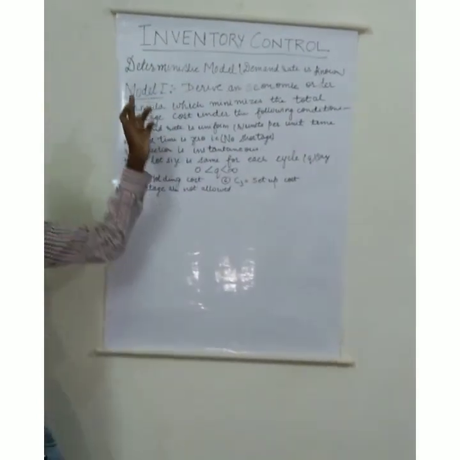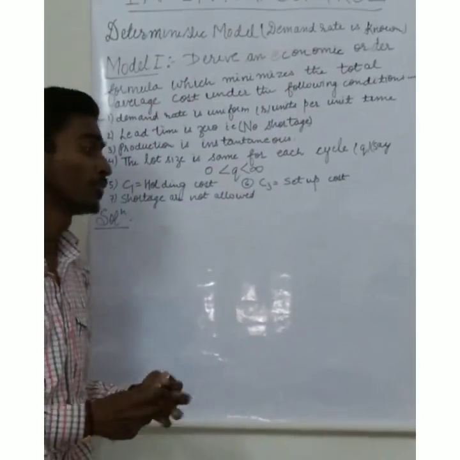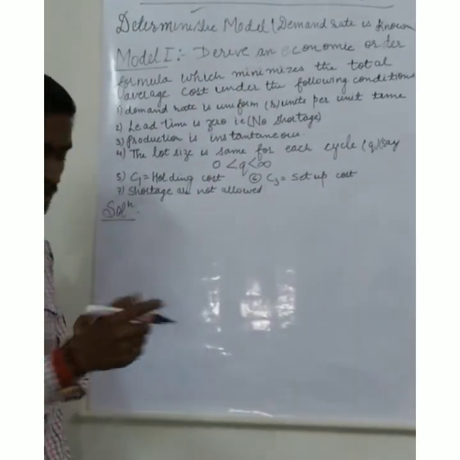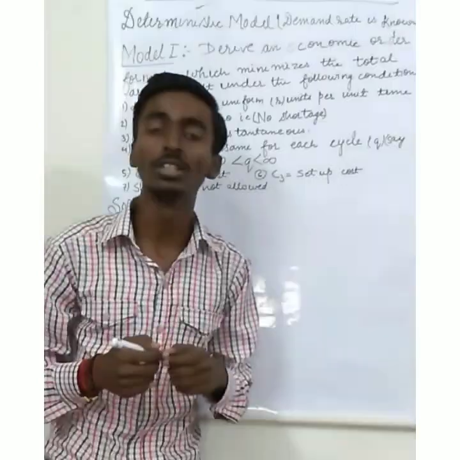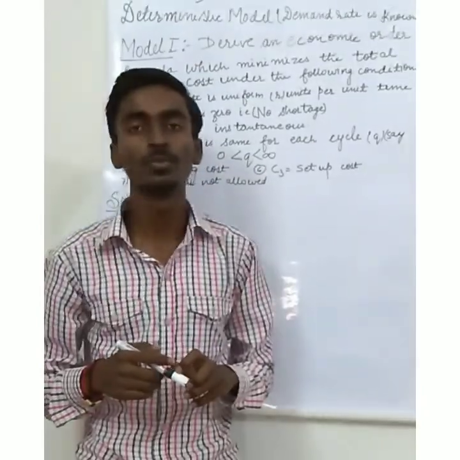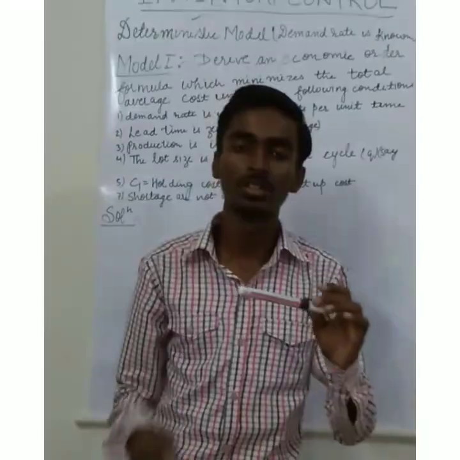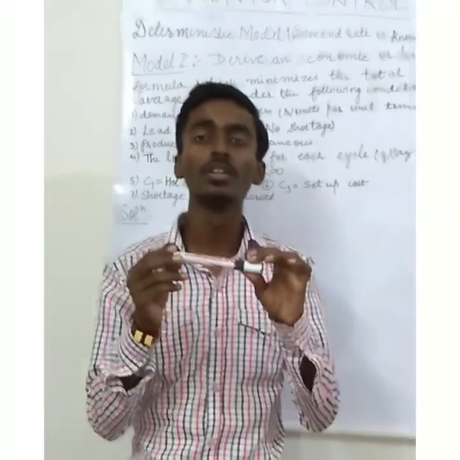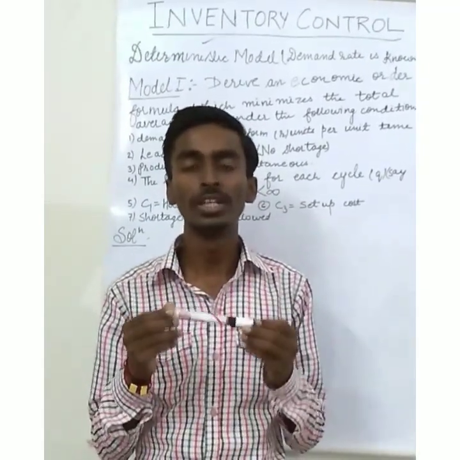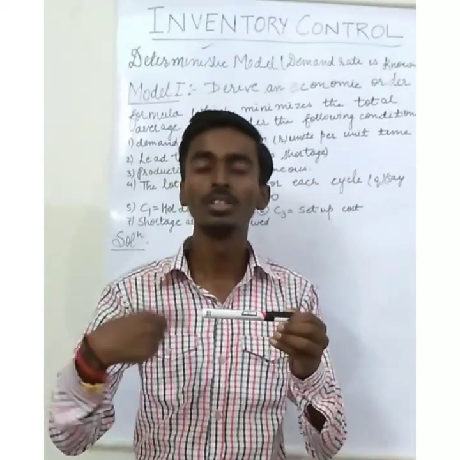model 1. Before understanding model 1, we have to understand what inventory is. Inventory is a stock of goods which can be used in future. Suppose we are going to start a business of markers, so we need an inventory of plastic, an inventory of ink, and an inventory of wrapping paper.